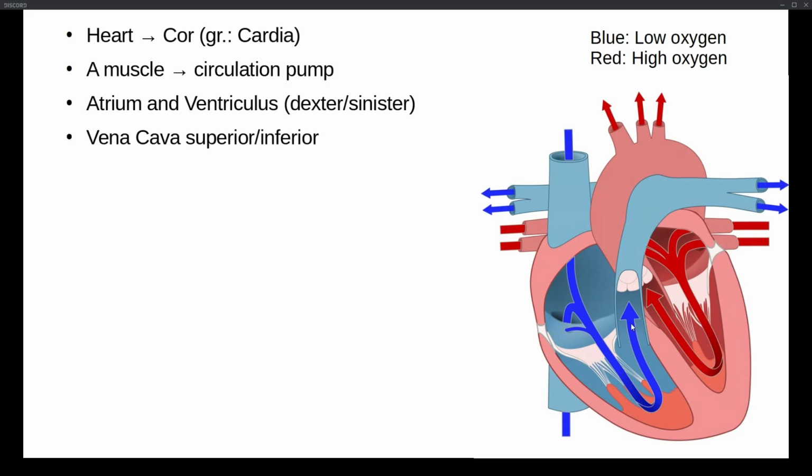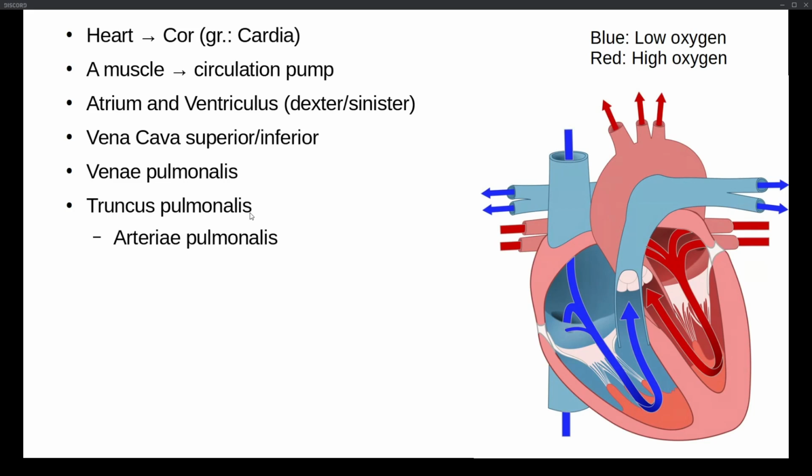Over here we have the venae pulmonales, and these are painted red because they also lead blood towards the left atrium, but this time it's enriched with oxygen, because these veins come directly from the lungs and bring the oxygen-enriched blood towards the heart, and then the heart will pump it into the body circuit to be consumed.